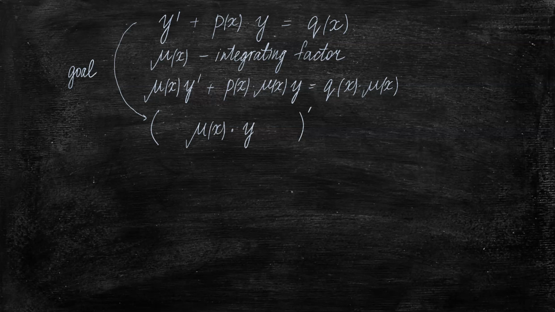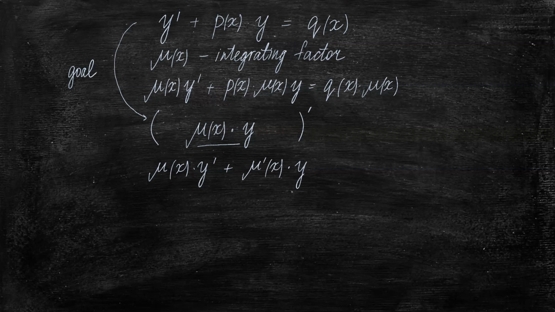And in order for that to happen, if we just work backwards, if we take the derivative of this product using the product rule, we're going to have mu of x times y prime plus mu prime of x times y.